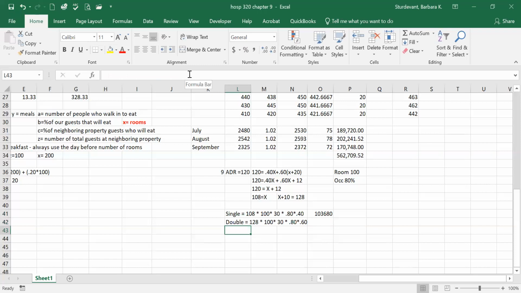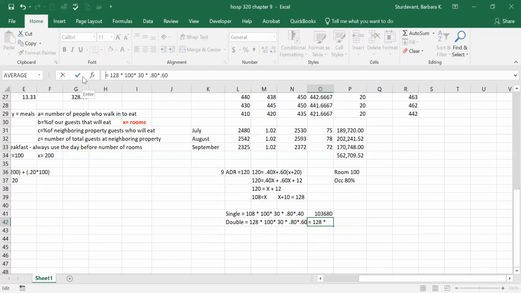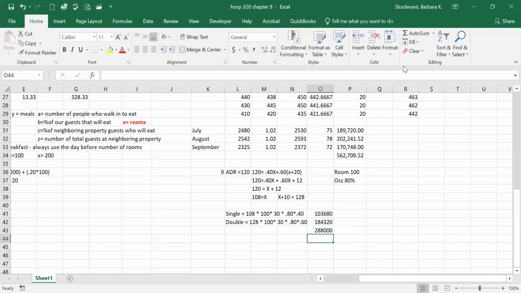So that's our double price and our double percent. That's the only thing that changed. So we can use that to figure out the double rooms. So that's our room revenue.